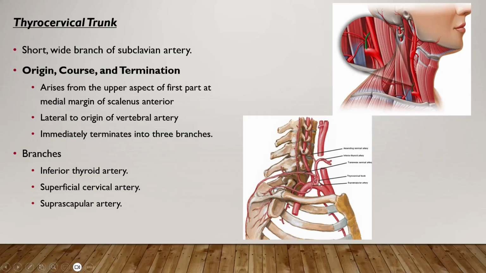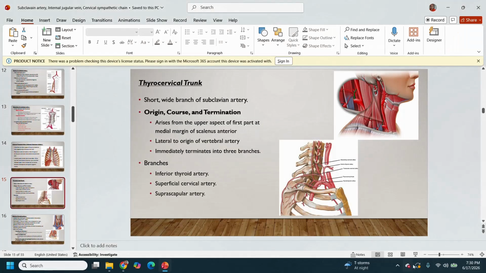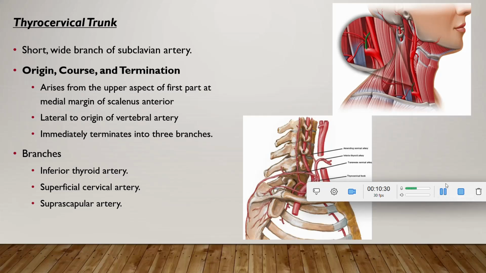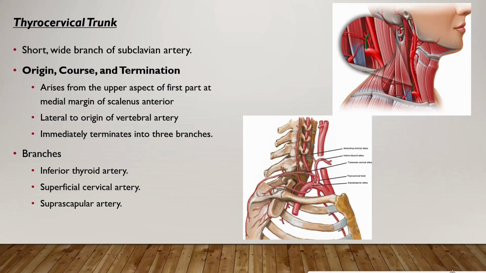It arises from the upper aspect of the first part of the subclavian artery, at the medial margin of scalenus anterior. Here, this is scalenus anterior.